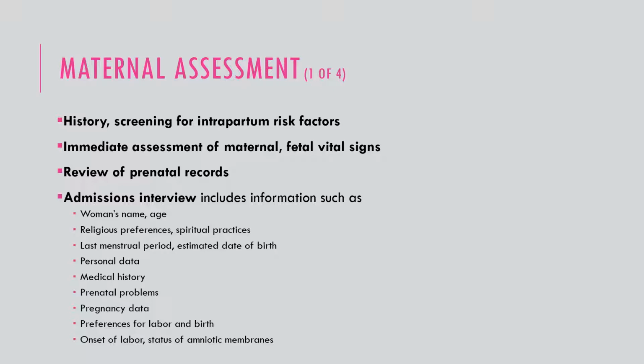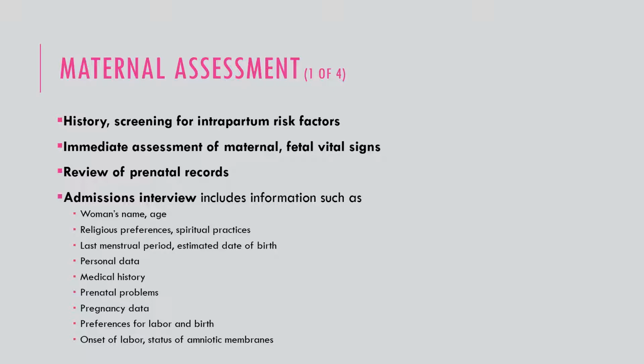So an admissions interview for these people, which is what we initially do, includes things such as the woman's name and her age. We talk about religious preferences and spiritual practices because all of those things factor into the intrapartum nursing care that you're going to provide for somebody. We always want to know when her last menstrual period was.